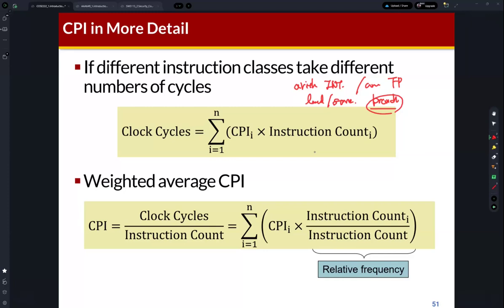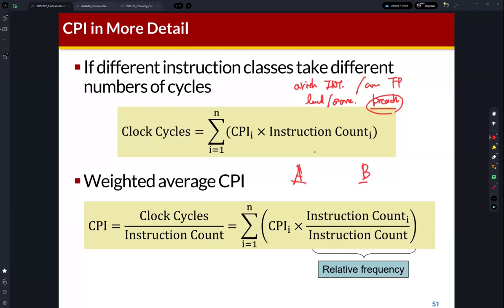We will learn about these types of instructions in chapter 2, but for now just know that there are different types of instructions, and the proportion of these types is also different. So this is our code A and then code B. If the code is different, it means that the software or application is different.